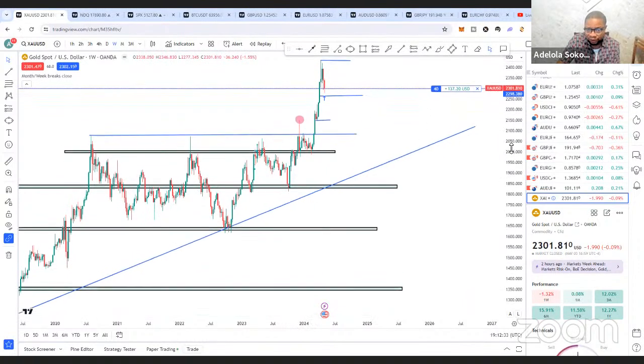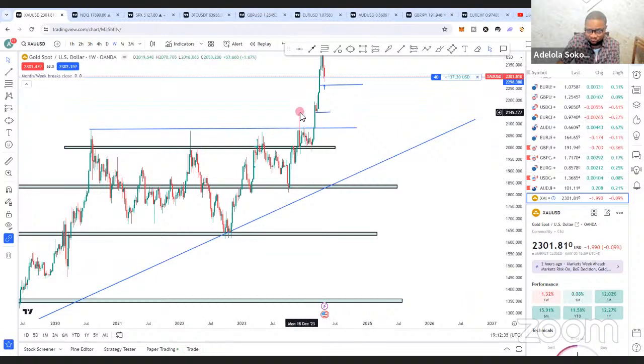But you notice that even after printing this long reversal candle, price didn't do much. See what price did, and afterwards see what price now did.